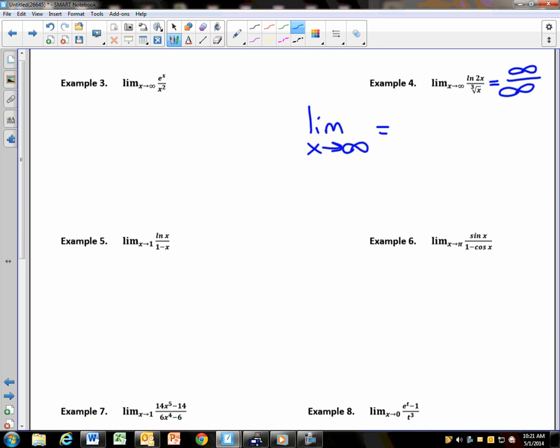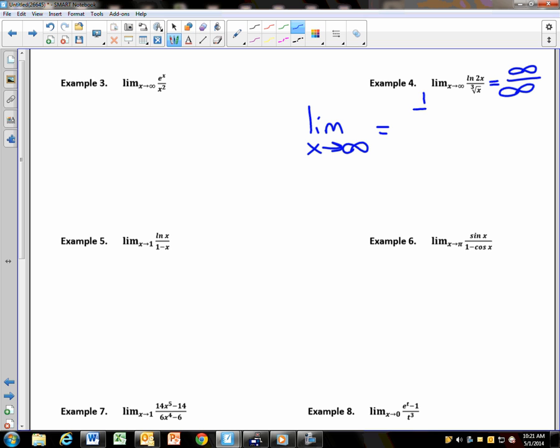What's the derivative of natural log of 2x? If you use a chain rule, you get 2 over 2x, don't you? Which is just 1 over x. Sorry, smartboard went kaput. What's the derivative of the cubed root of x?